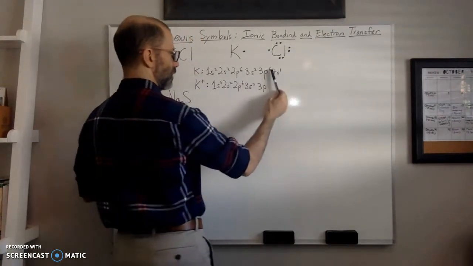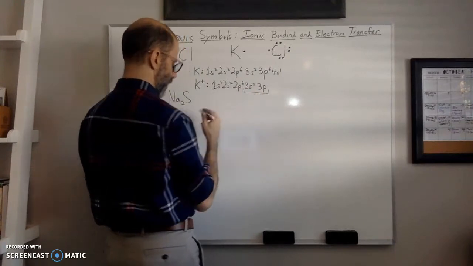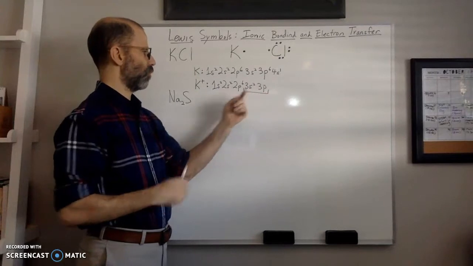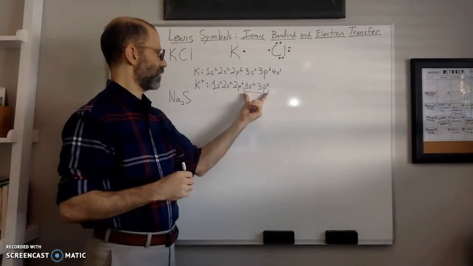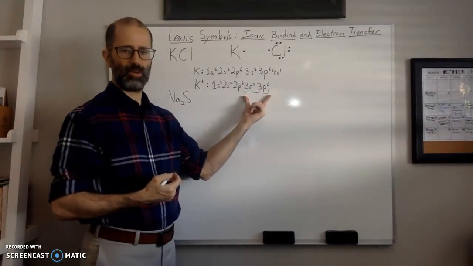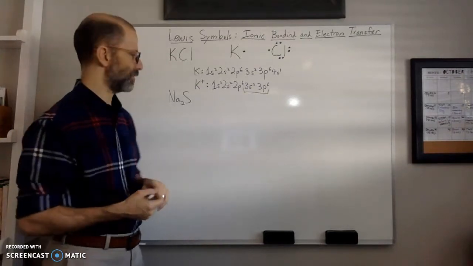So we lost this part, and notice that this is the next shell, number 3. You'll notice here that we have 2 and 6, that's 8. So that's the octet rule, that's a full shell. So this is stable like the noble gases.